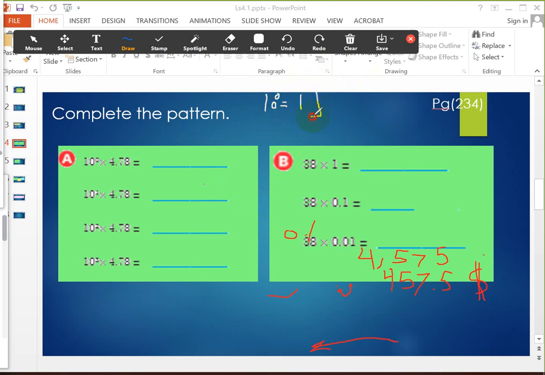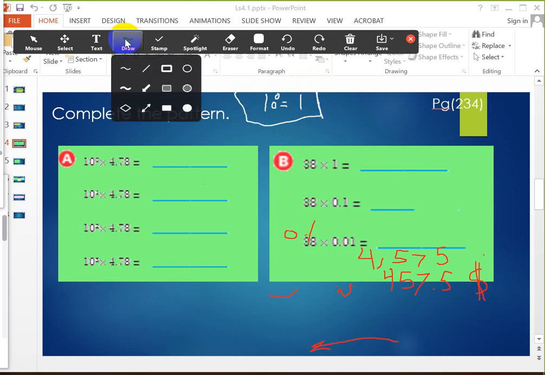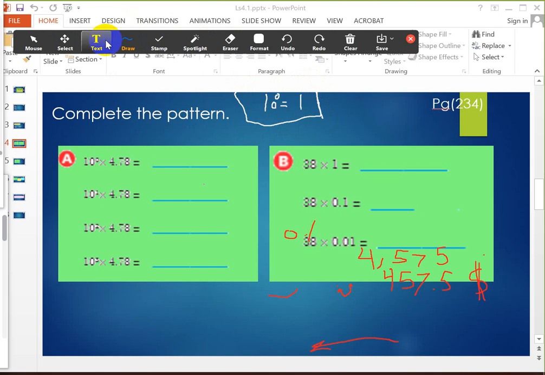This is a law in math. Okay? So, any number with power of 0 equals 1. That means this 10 power 0 equals 1. That means 1 multiplied by 4.78 equals what?